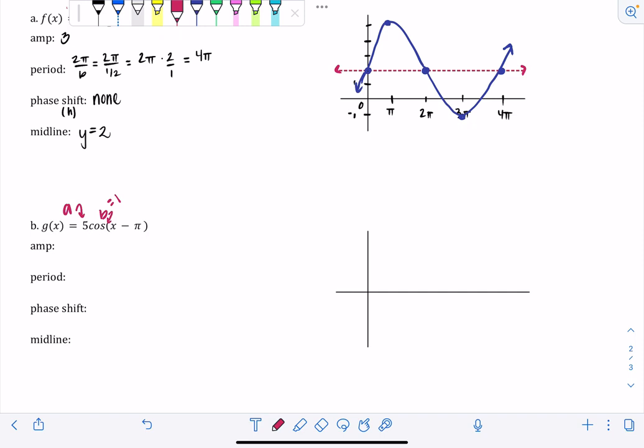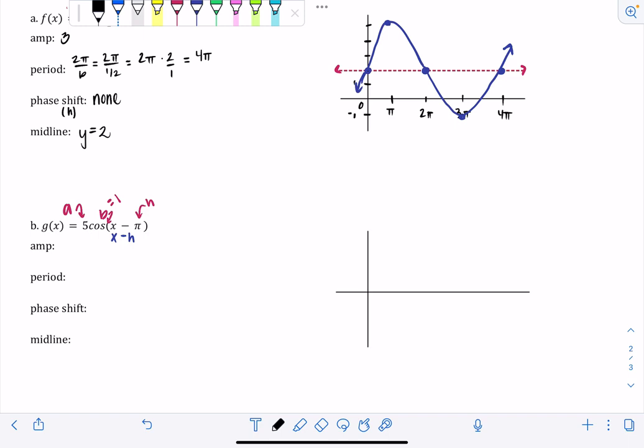That just means there's no change from the parent function, so our period is technically going to be 2 pi. And because that pi is inside the parentheses with the x, added or subtracted from the x, that's our h. And it's the same thing as it has been all year, where inside it's x minus h. So h would be positive pi, and we'd be shifting pi to the right.